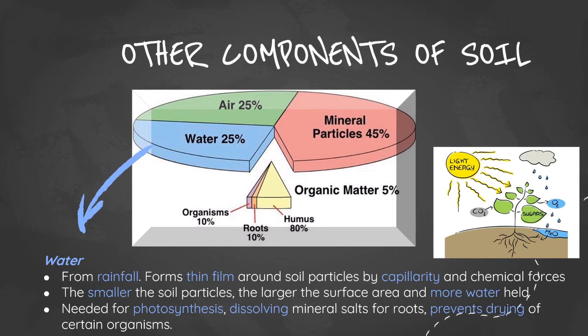So if a soil has smaller soil particles, then it is likely to hold more water. Why do we need water in the soil? Well, the soil uses the water for photosynthesis and in dissolving the mineral salts which we spoke about. It also prevents drying of certain organisms that live within the soil.